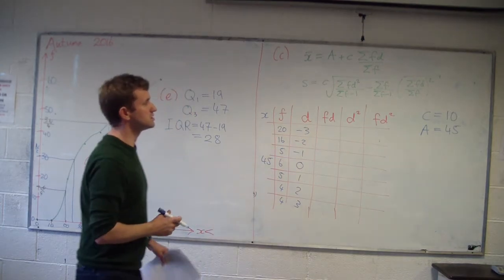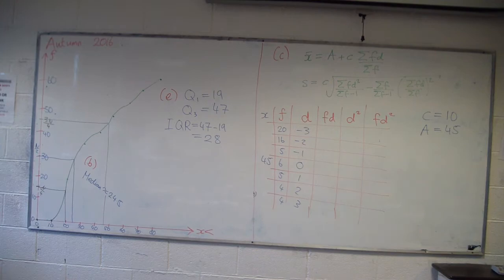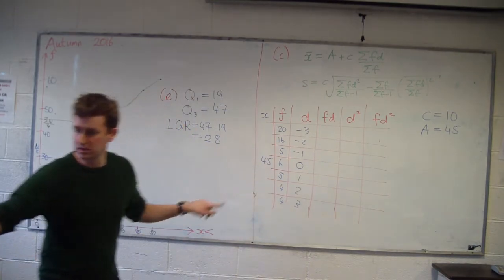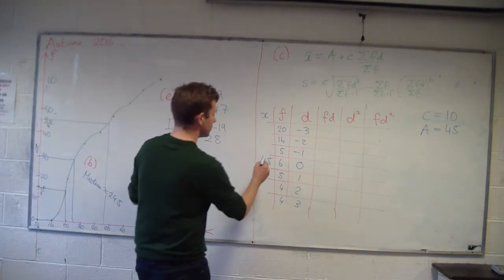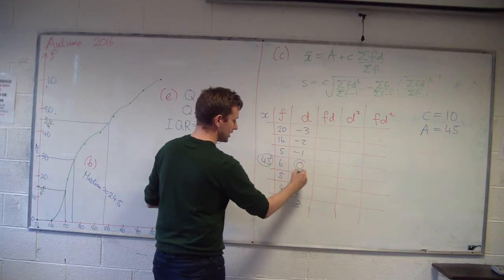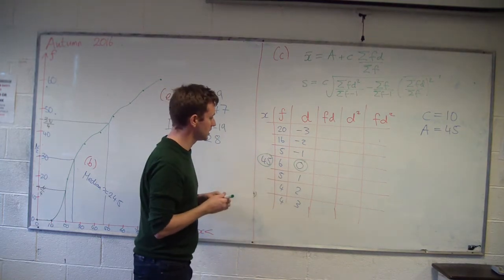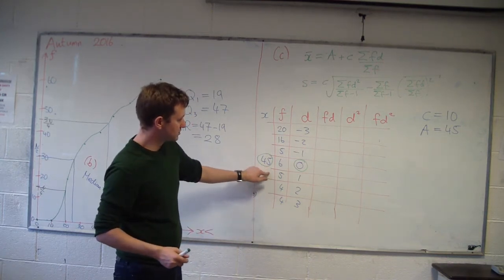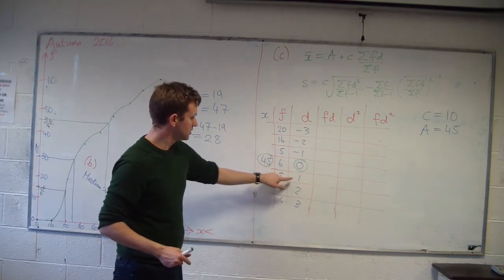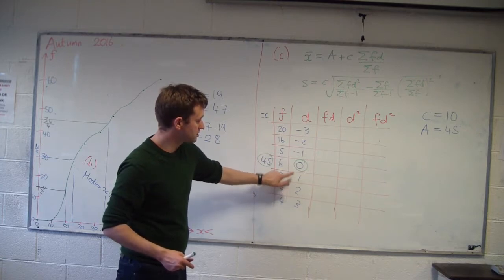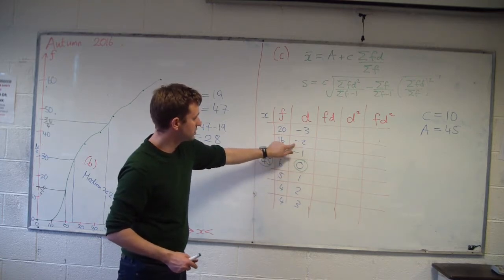Can you just go through that again? The d is the number of bins away you are from the one that you're assuming the mean is in. So this is the assumed mean, 45, and this one is nowhere away from it. The next one down is +1 away, +2 away, +3 away, and then go backwards: -1, -2, -3.